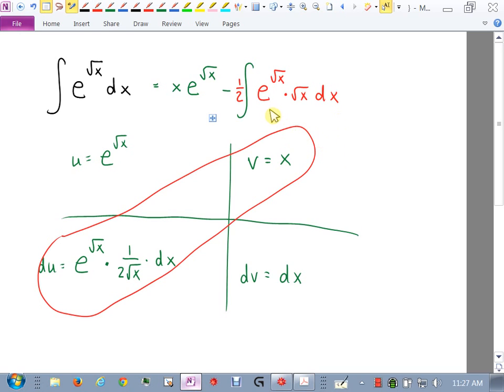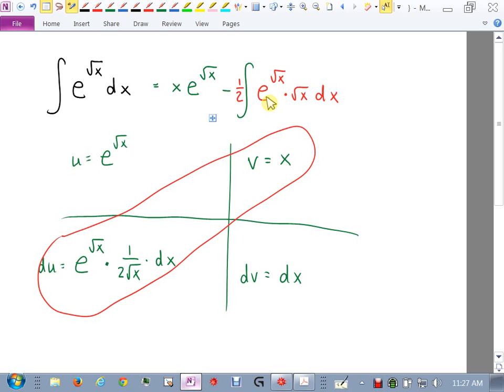And you might argue that that looks maybe even a little more complicated than this one. Maybe? I don't know, what do you think? You could maybe try integration by parts again. Basic u substitution here, maybe?